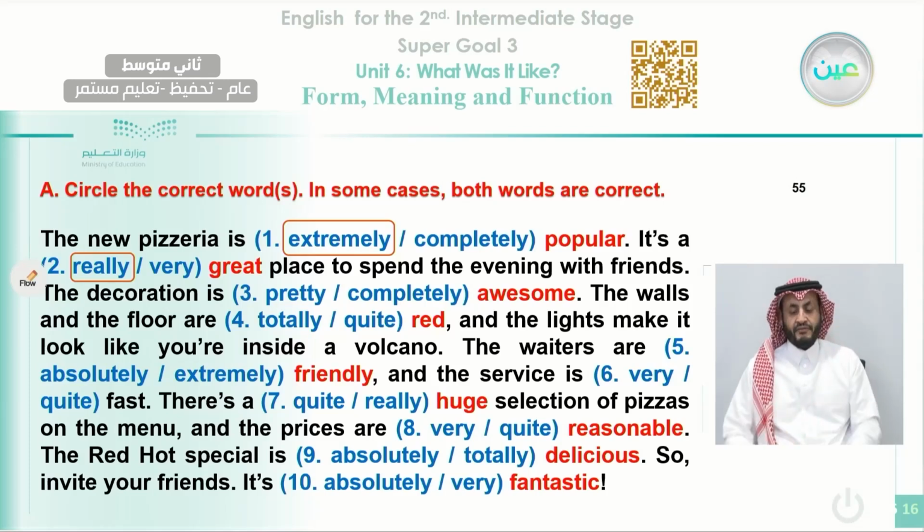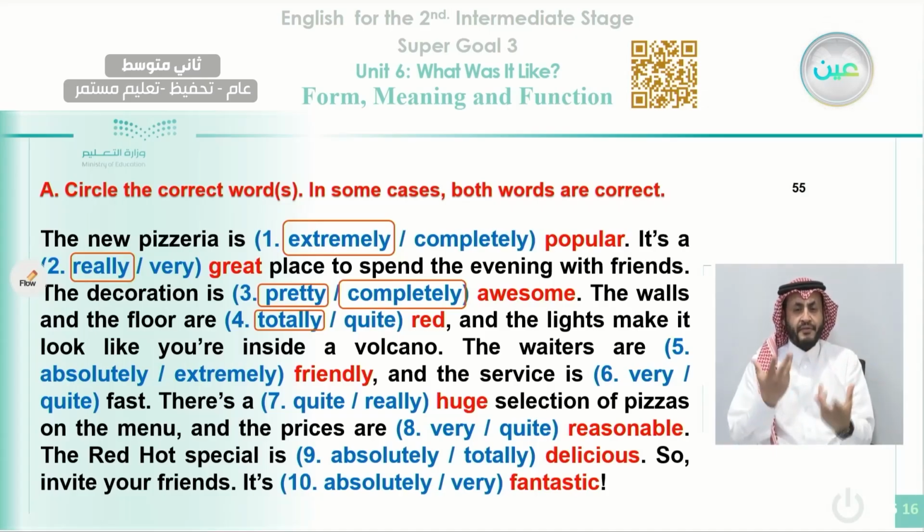The decoration is, we can say, pretty awesome or completely awesome. Awesome is one of the strong adjectives, and you can use one of these, pretty or completely. The walls and the floor are, we can say, totally red or quite red. The right answer is to say totally red. And lights make it like you are inside a volcano.